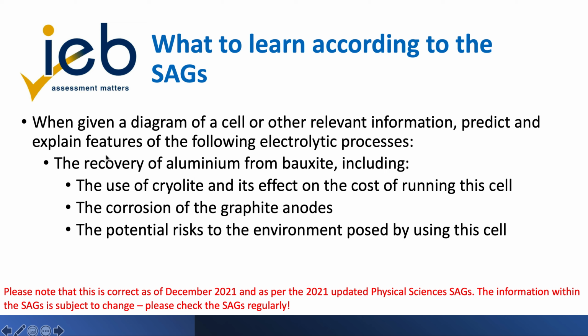Okay, now some advice before we begin. Please remember to look at past papers. Past papers are key to success. So I think the Hall-Héroult process appeared in the IEB paper 2 of 2016 and the IEB paper 2 of 2018.